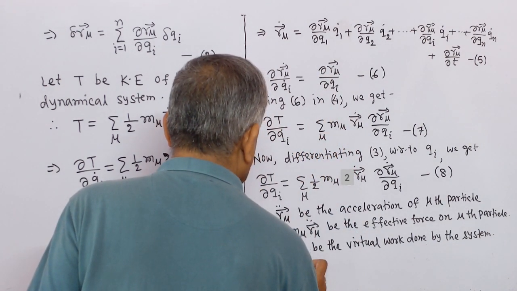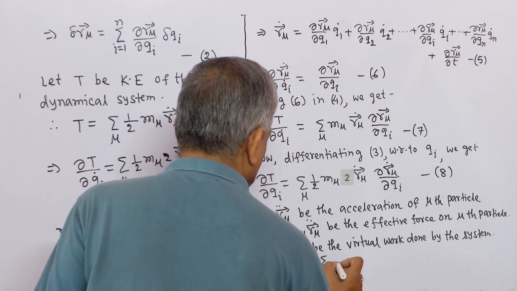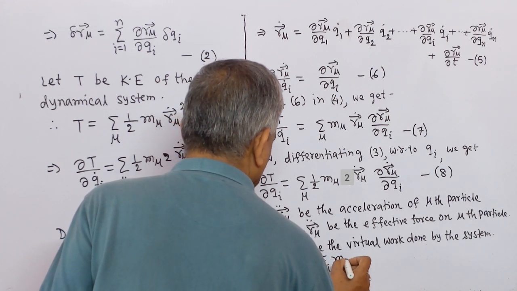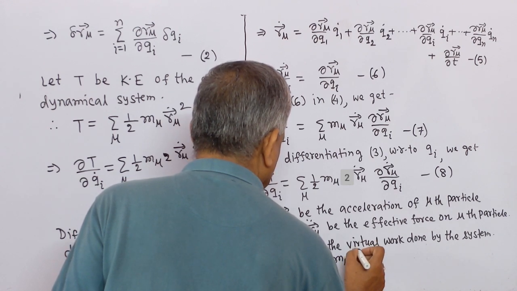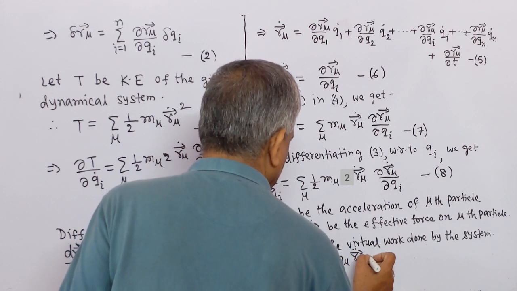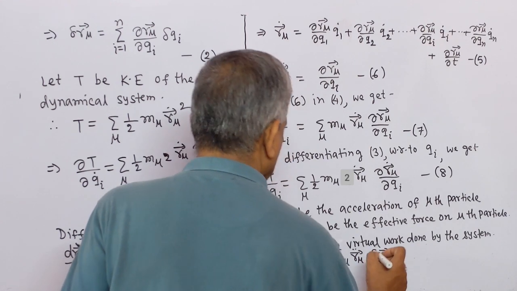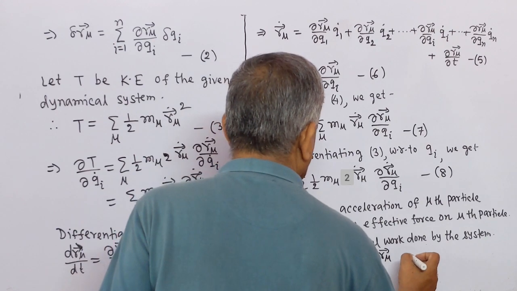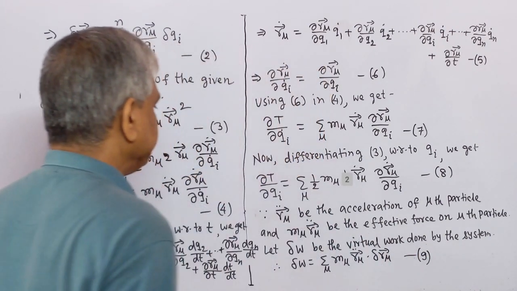Therefore, delta W equal to sigma mu a mu r mu double dot, this is force, dot virtual displacement. This is number 9.